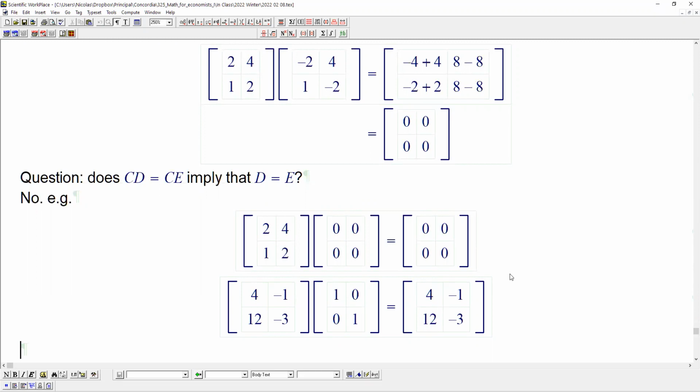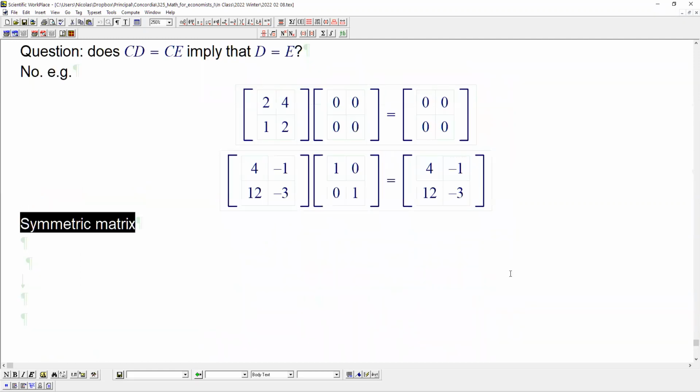Some special matrices are coming, but one important one is the symmetric matrix. I'm guessing that you can guess what it is.